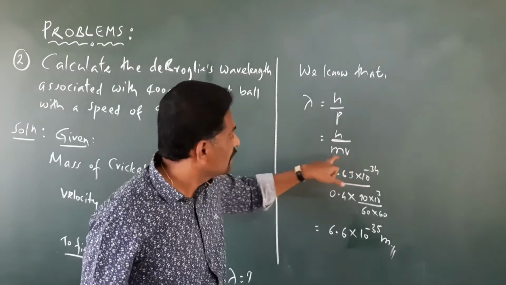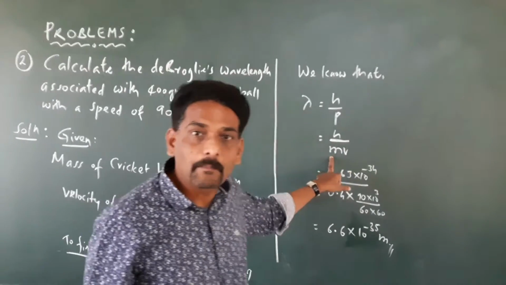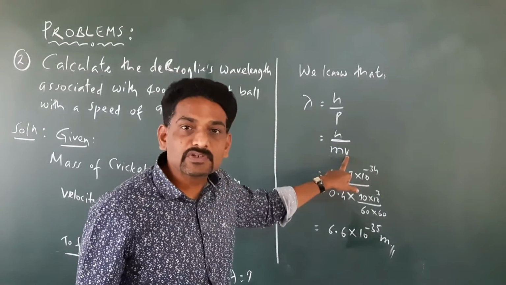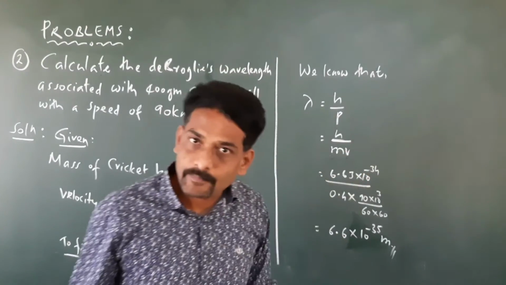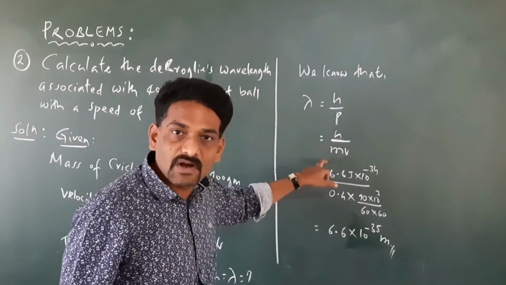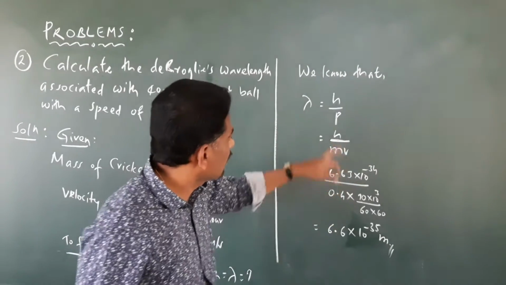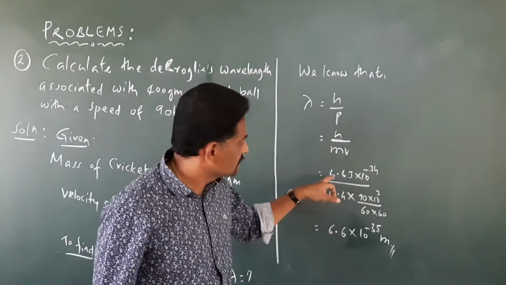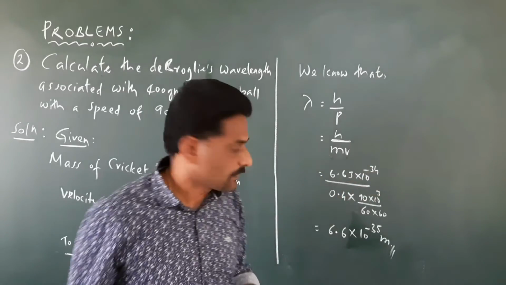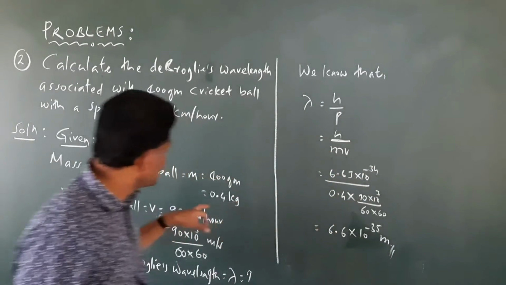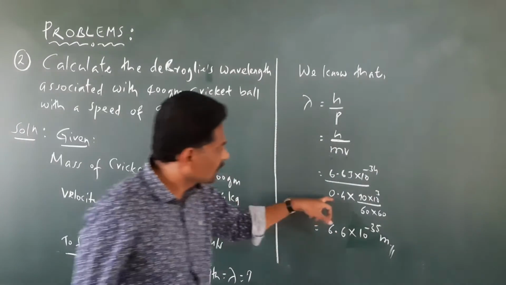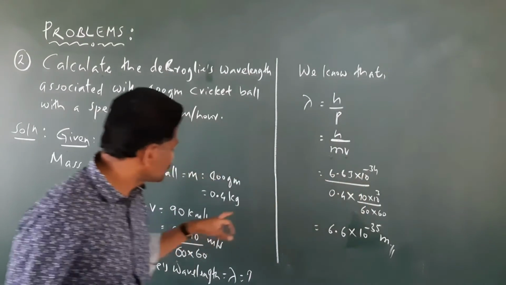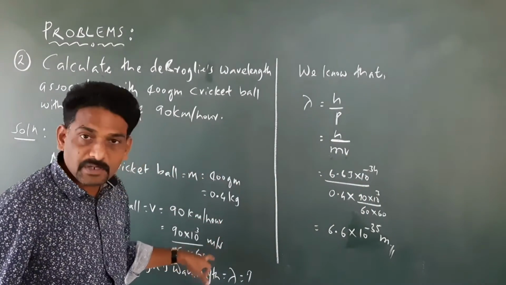What is m into v? m is the mass of the particle and v is the velocity with which the particle is moving. Substitute the values of h, m and v. h, the Planck's constant, 6.626 into 10 to the minus 34. The m value is 0.4, right? And the v value is taken here in meter per second.